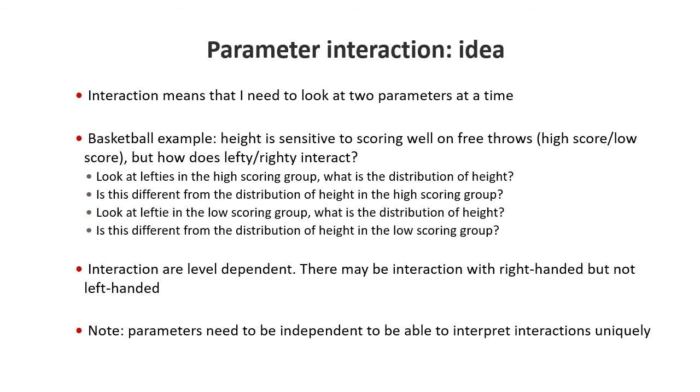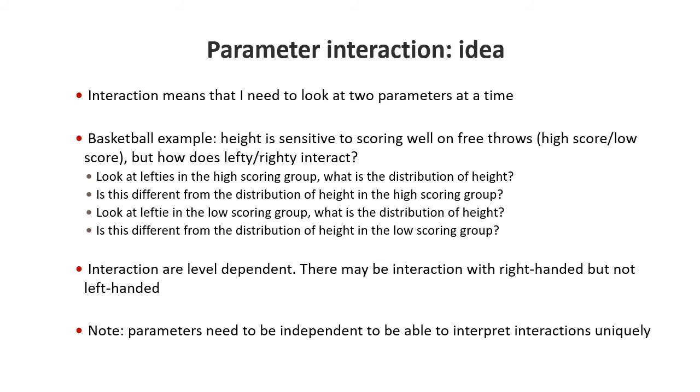What we'd like to understand is how the distribution of height in the high-scoring group differs when we look at both left-handed and right-handed persons. We can ask the same question for the low-scoring group. If these distributions are different, that means there's an interaction between left-handed or right-handed and the height of a person. You also notice that this interaction may be level dependent. That means the interaction may happen for the right-handed persons, but not for the left-handed persons, or vice versa.